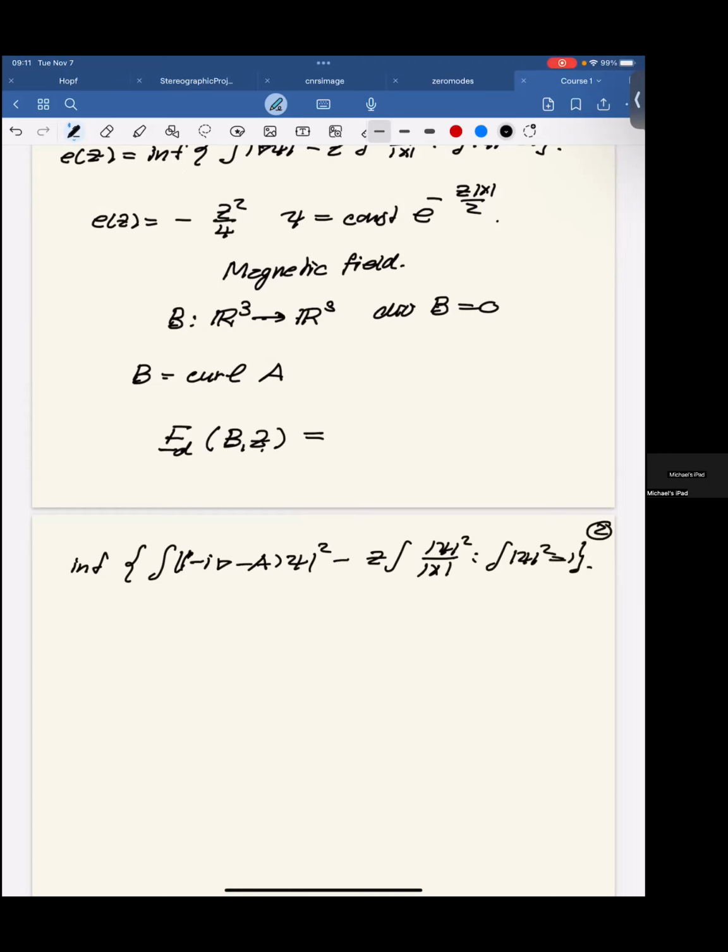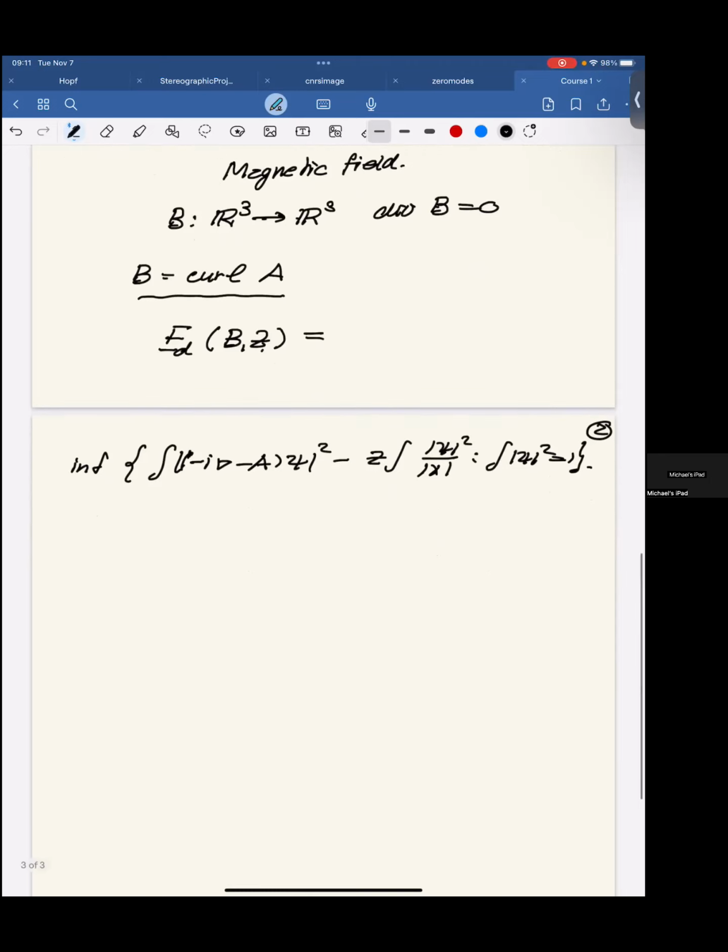Now you notice, by the way, that the vector potential is not uniquely given, right? You can add a gradient to it, and it will not change the magnetic field. And since the magnetic field is really the physical quantity, you hope that when you choose a different gradient for the A, it should not affect the energy. And this is given by what is known as gauge invariance.